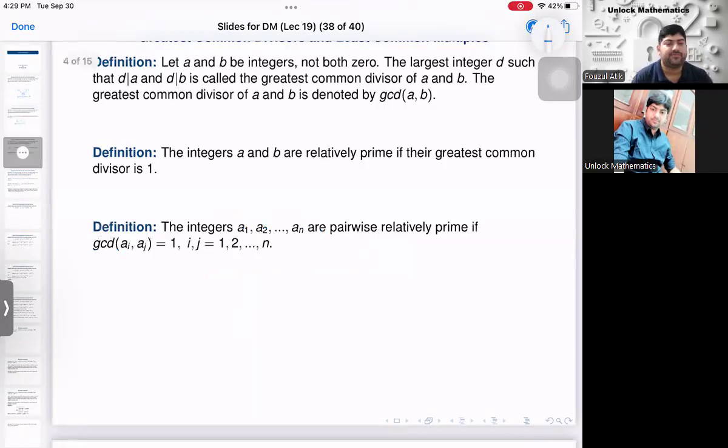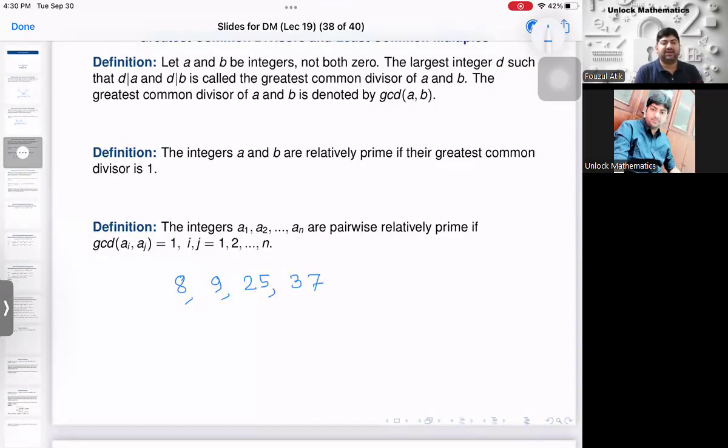Clear? Next, the integers a1, a2 up to an are pairwise relatively prime if the GCD of each pair of the numbers is 1. Like I'll give an example, maybe 8, 9, 25, and then 37.